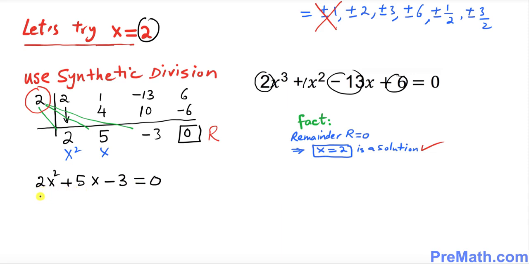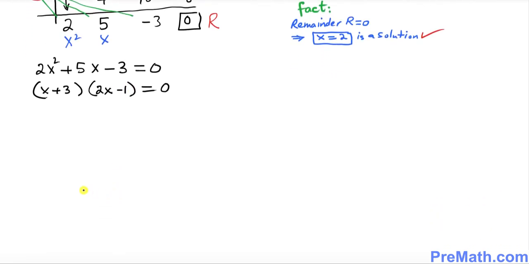You can see that one, and we can easily factor it out. So what are the possible factors? The factor is going to be x plus 3, and the other one is going to be 2x minus 1. So far so good. Now I want you to split them up.